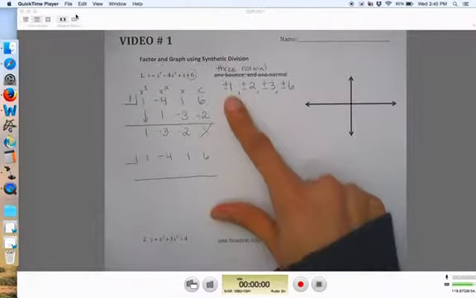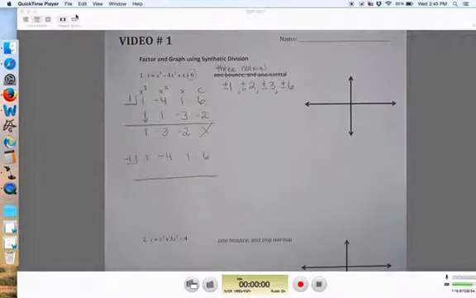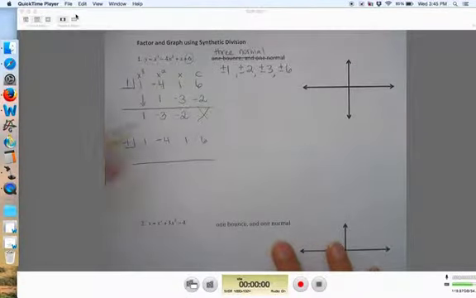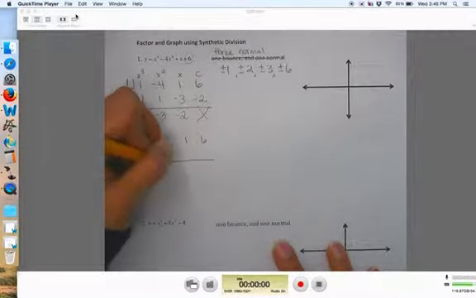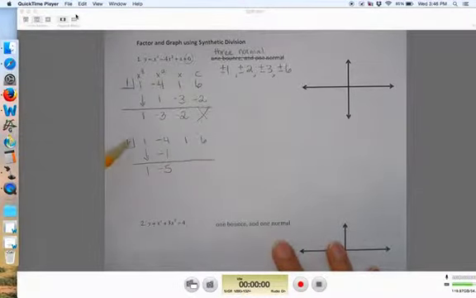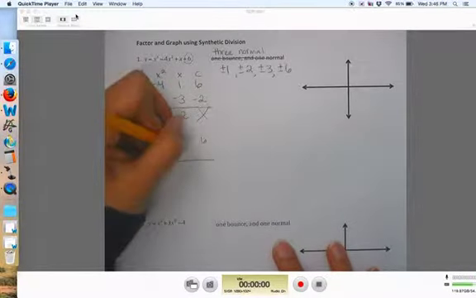So let's try -1. Alright, so again the first one comes down, and then you multiply -1 times 1, which is -1. Then you add -4 plus -1 is -5. Multiply -1 times -5 is 5.